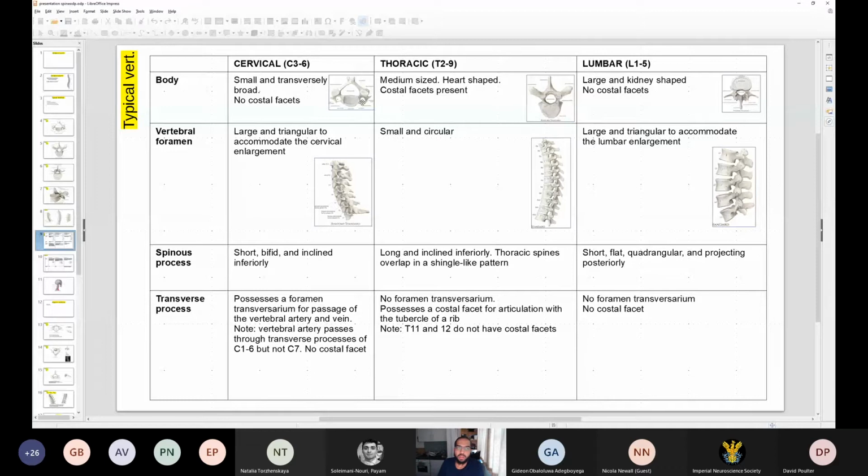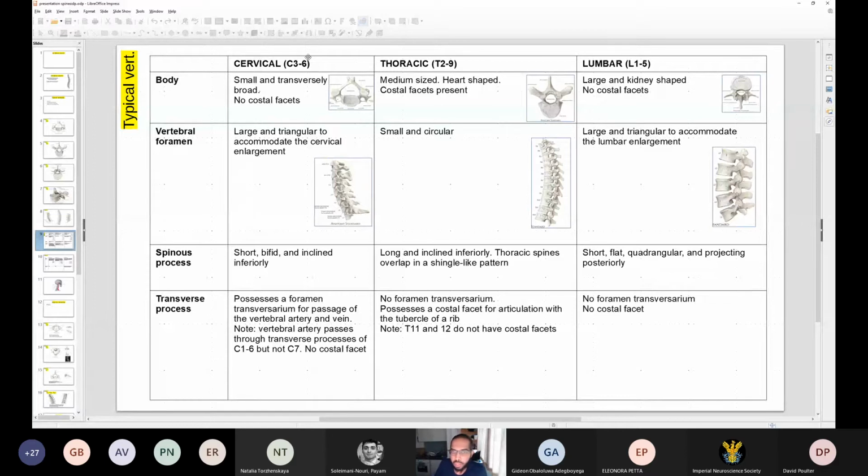In terms of the costal facet, because you don't have ribs in the cervical region normally, you don't have costal facets, and also you don't have ribs in the lumbar region, so you don't have costal facets. They're basically surfaces for joining or articulating with the ribs.